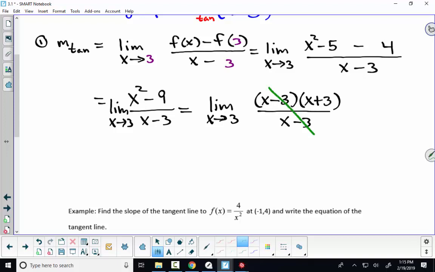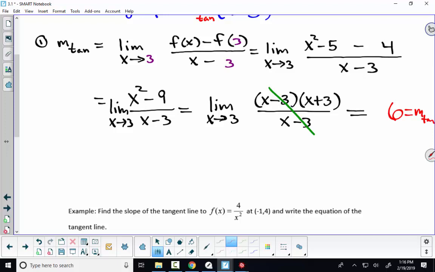So this issue is gone. And what is our limit? As x approaches 3, our function is x plus 3, and 3 plus 3 gives us 6.